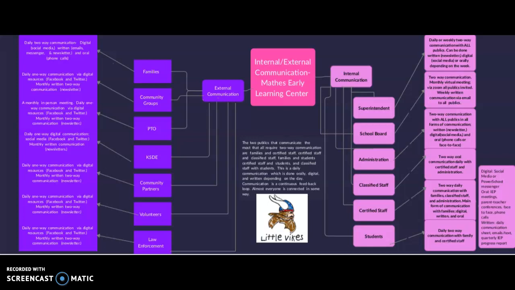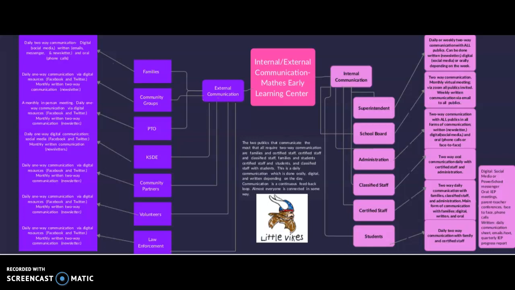Community partners are going to be the same as community groups, so they could communicate with anyone inside of the school building, but they also receive daily one-way communication on Facebook or Twitter, and then monthly newsletters as well. So they can comment on Facebook posts, or they can call the school or email whoever they would like inside of the school.